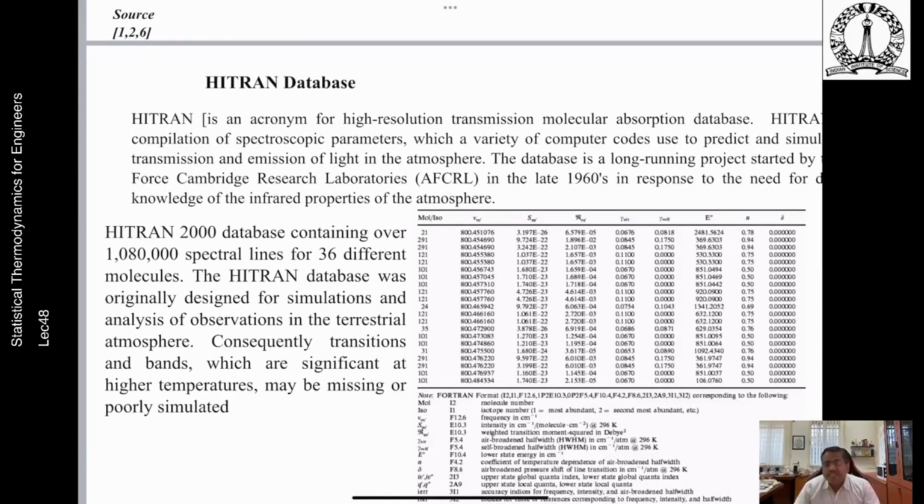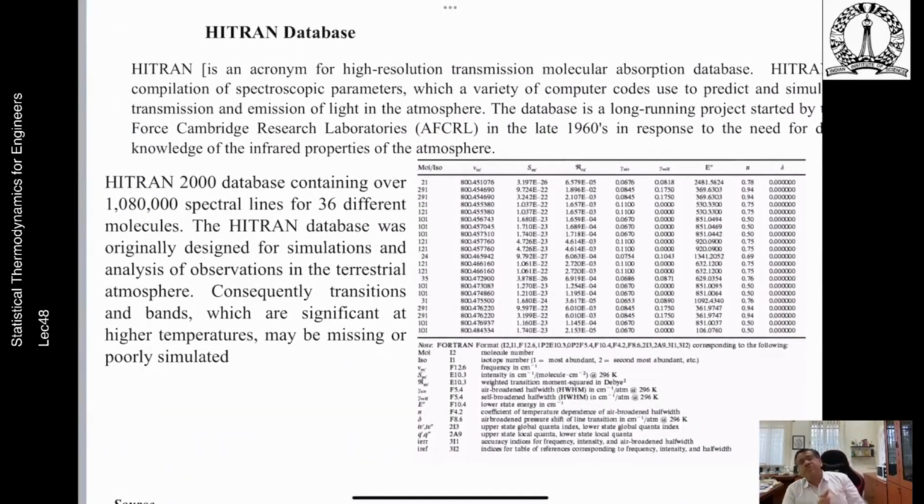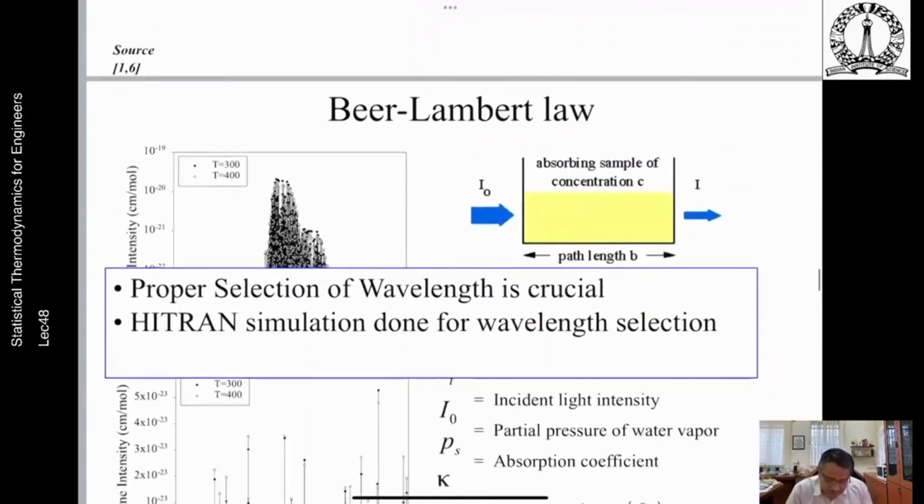If you look at the sample table over here, you will see air broadened half width, self broadened half width, and all these parameters are listed. So this provides a unique opportunity for us to use in computer simulation, and theoretically predict what the spectral signatures will be.